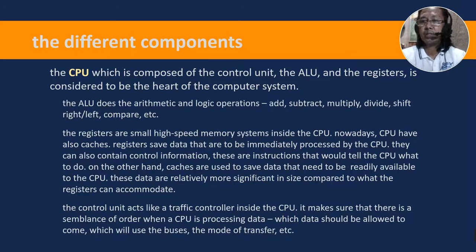So all the addition, subtraction, multiplications, and of course the logical operations, and, or, not, and shift right, shift left. All these things are done by your ALU. So if you have the CPU as the heart of your computer system, ALU is considered to be the heart of the CPU. Kasi nga, siya yung gumagawa lahat ng mga processes.